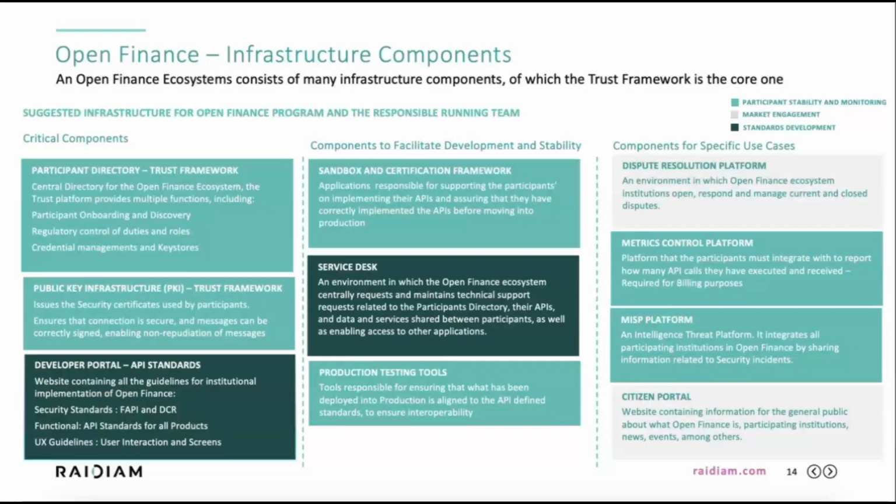You have dispute resolution platforms. So one of the things to consider is what happens if something goes wrong. And you've got the metrics control platform and an intelligent threat platform. The metrics control platform is a really interesting one because you'd think it would be really obvious to monitor how many API calls there were and how it was all working and how many participants.